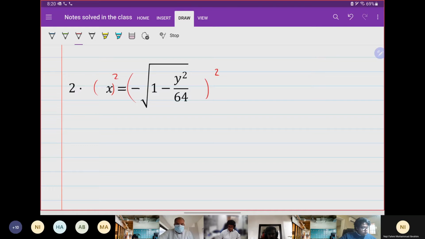Now, if I square both sides, can anyone give me the equation? Haytham, can you give me the equation after squaring?